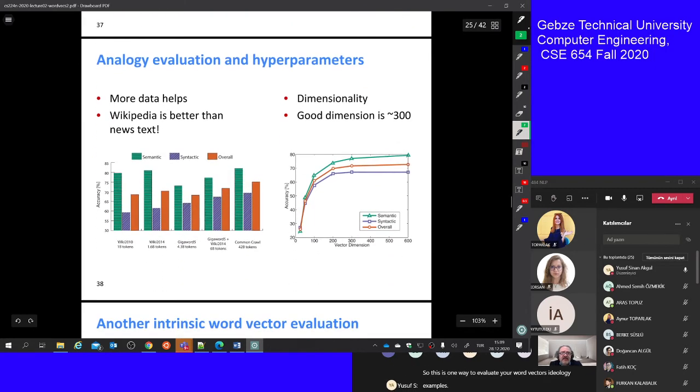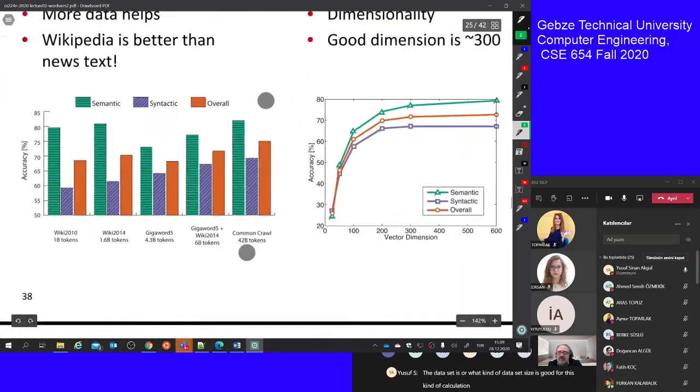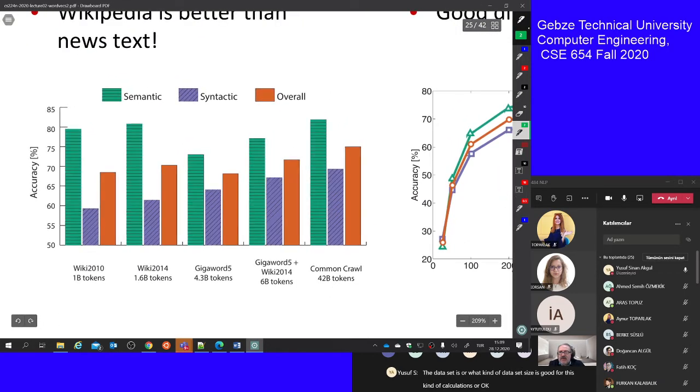Okay, and they did some more experiments. They just wondered what kind of data set size is good for these kinds of calculations. For GloVe, it looks like the larger the data set, the better the results are.